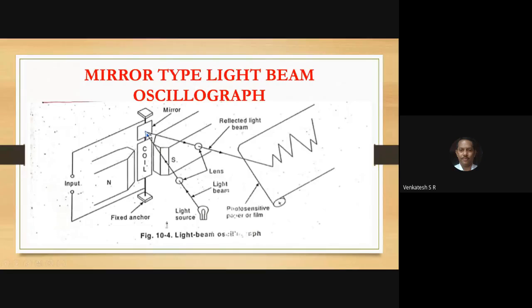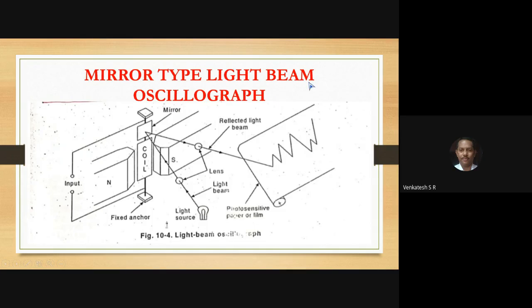The light is incident on the mirror, reflects back and passes through the lens, and makes the light rays fall on the photosensitive film. There you can measure the waveform. The principle of operation is very simple.